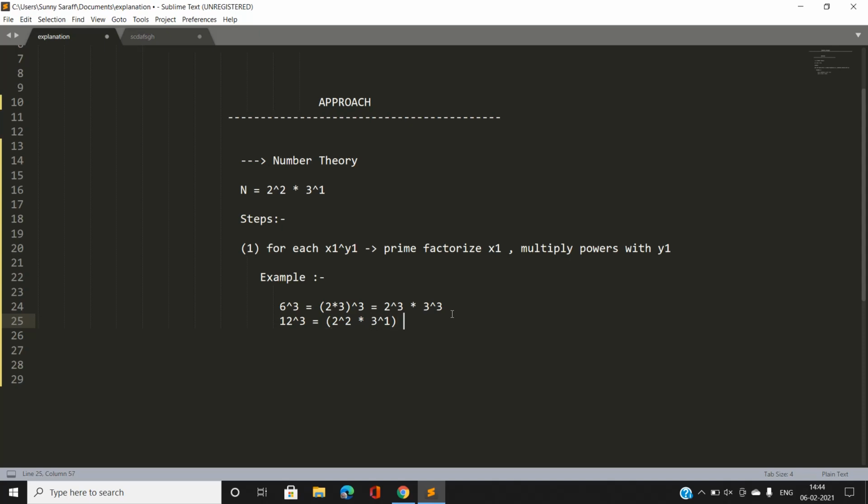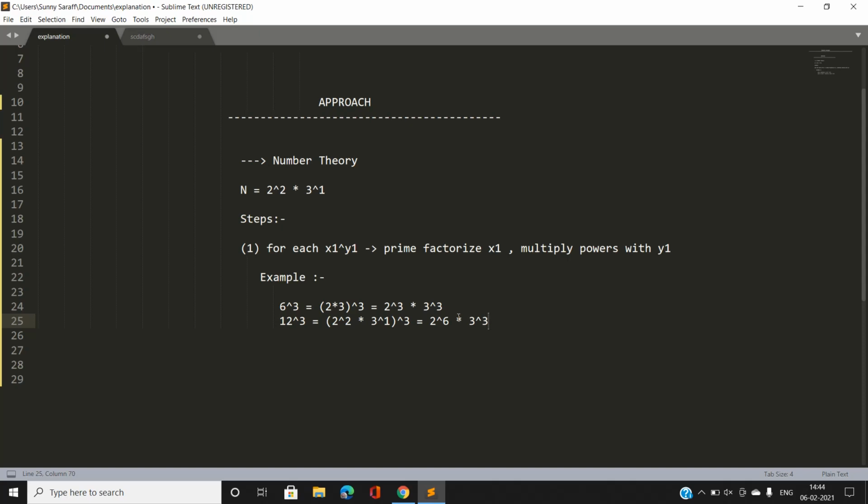with the whole power 3. So our new statement, 12 power 3, can be written as 2 power, note that 3 into 2 becomes 6, so 2 power 6 into 3 power 1 into 3, that is 3 power 3.